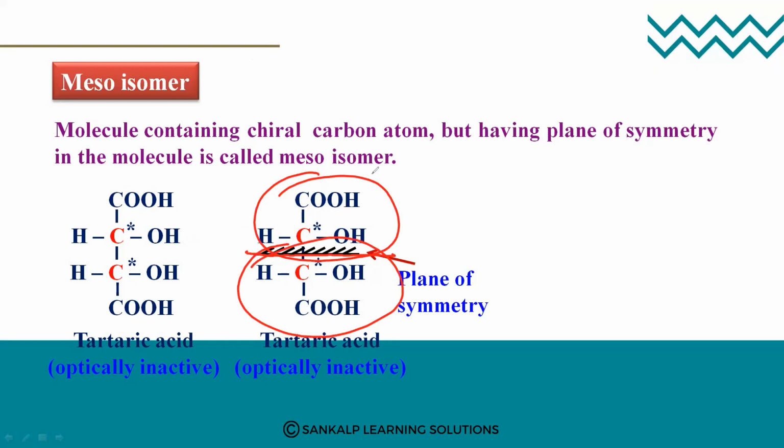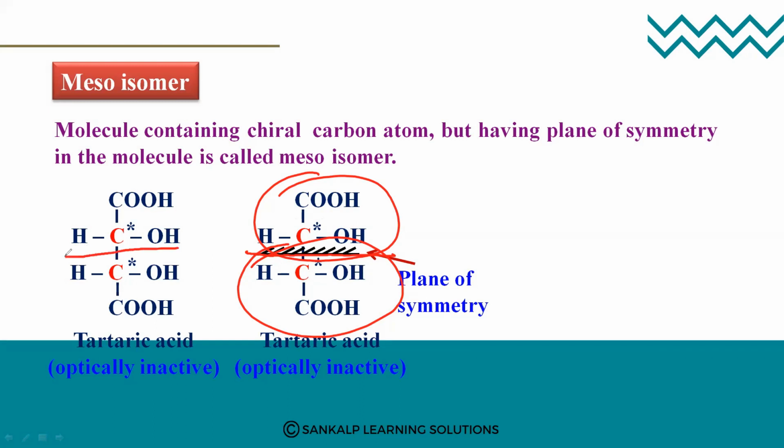So when you have a molecule which has a chiral center, a chiral carbon atom, but with a plane of symmetry in the molecule, then it is said to be a mirror isomer, that is a meso isomer.